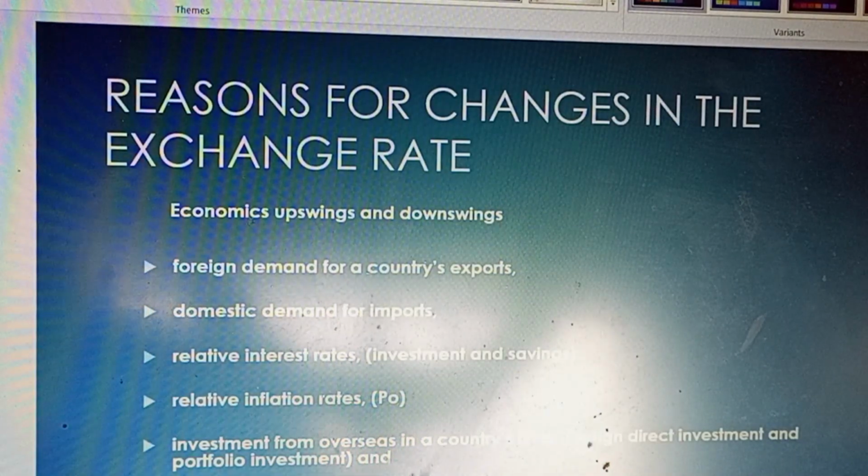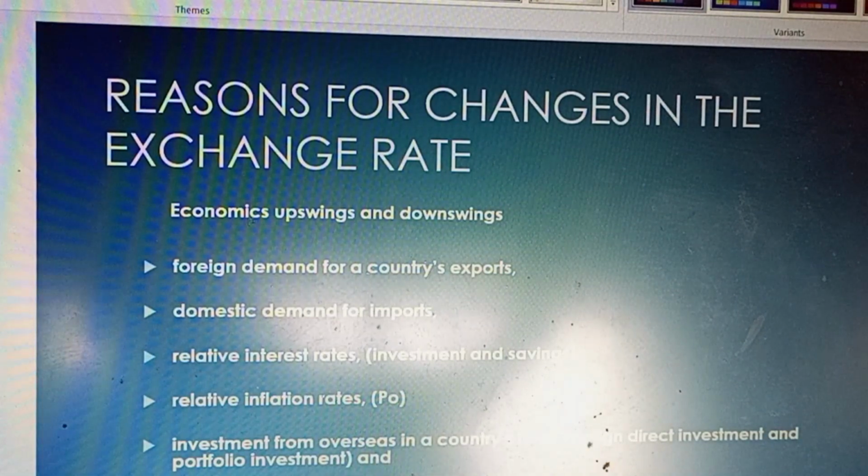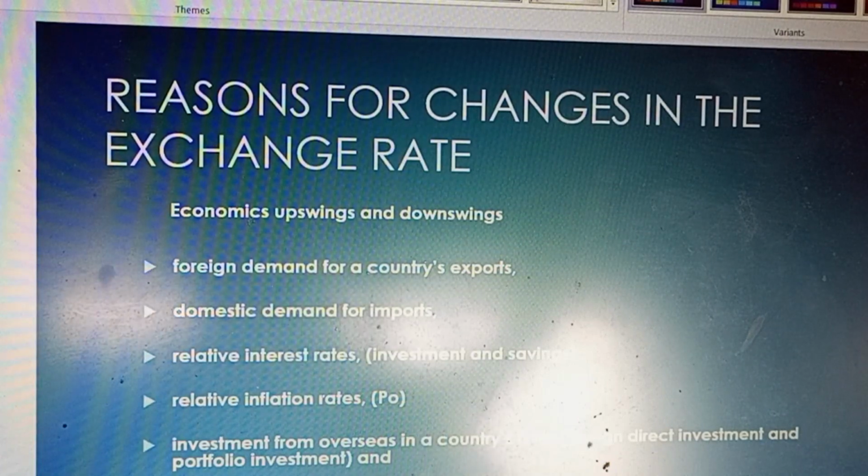And then investment overseas, or in other words, changes in capital flows. If there is an inflow or outflow of capital, this will affect the demand and supply of forex, and therefore the exchange rate.